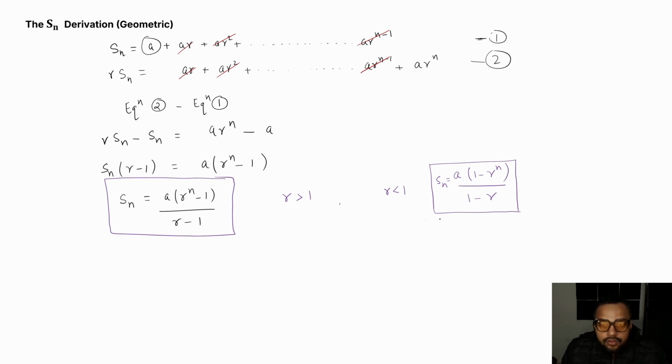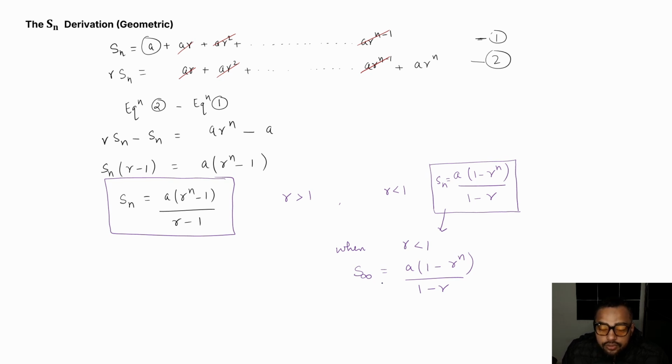So if we see for this series, for this sum, if r is less than 1, and we are now calculating for infinity terms, S infinity. We know that a(1 minus r raised to the power n) upon (1 minus r), where r is less than 1.